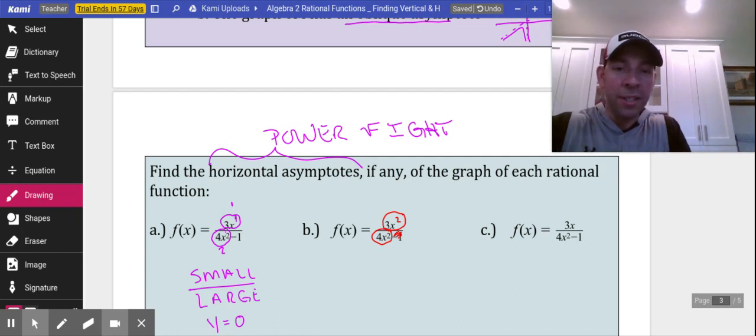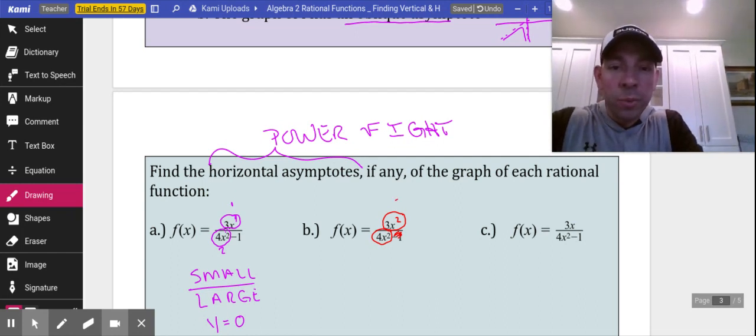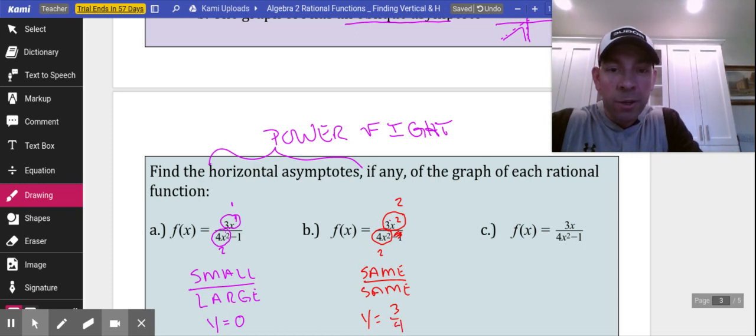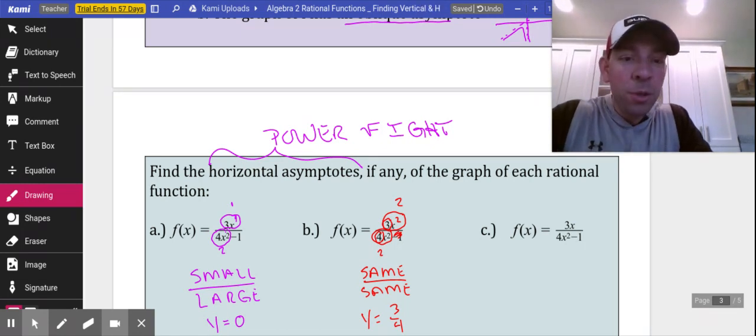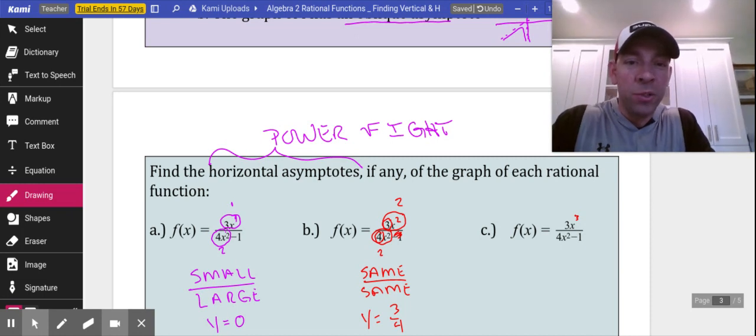It has no relevance here. Since we got degree 2 over degree 2, we call this same over same, and whenever you have same over same, you take the ratio of the coefficients. So you're going to say y equals 3/4, because I had a coefficient of 3 and a coefficient of 4.